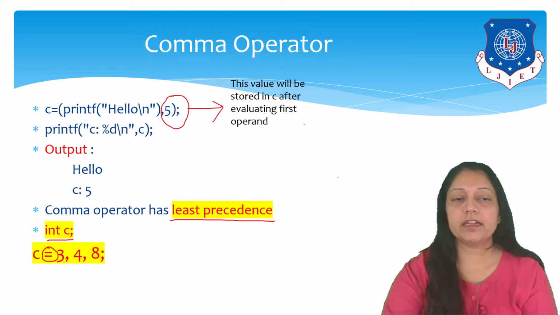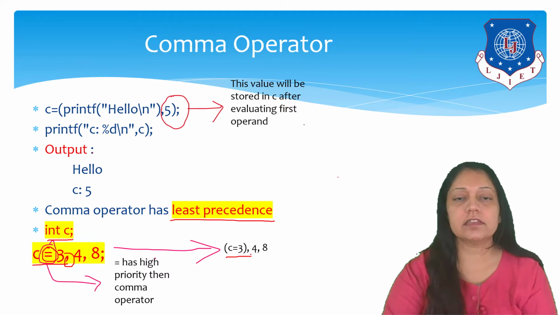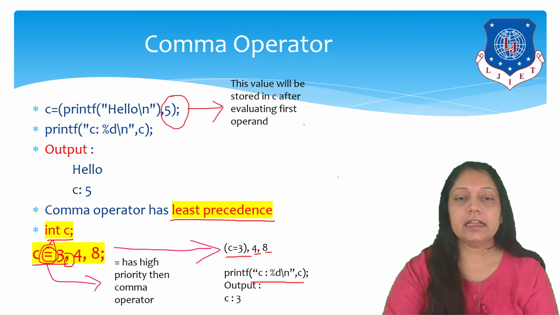We have two operators here. One is equal and another is comma. Since comma has the least priority, equal has higher priority than the comma operator. So in that case, c equal to 3 will be evaluated first, then 4 will be executed, and then the 8 value would be executed. If we want to display the value of c, then we'll get the value of c equal to 3.